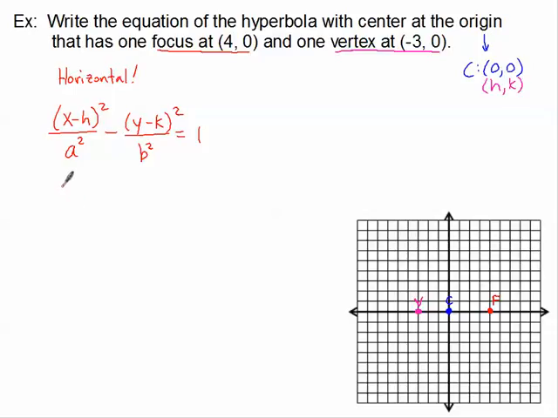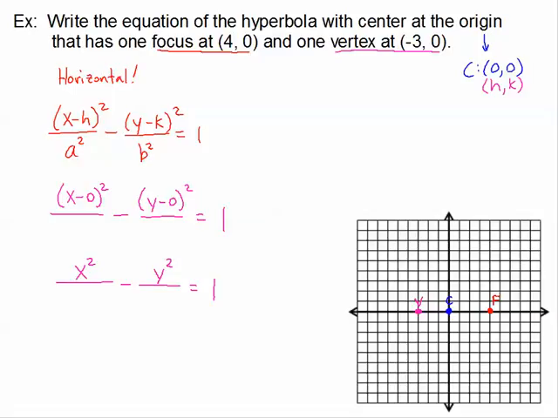So we have the tops. I'll just go ahead and do (x minus h) squared, (x minus 0) squared, and (y minus 0) squared. That might be my preliminary step. Of course, those are going to turn into just simply x squared and y squared. So it's all about finding the denominators. I need the value of a, I need the value of b.